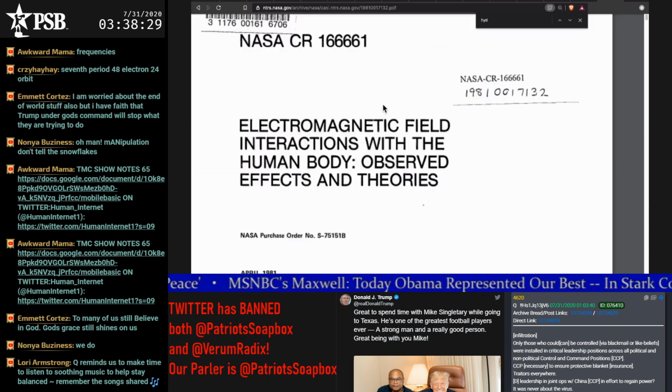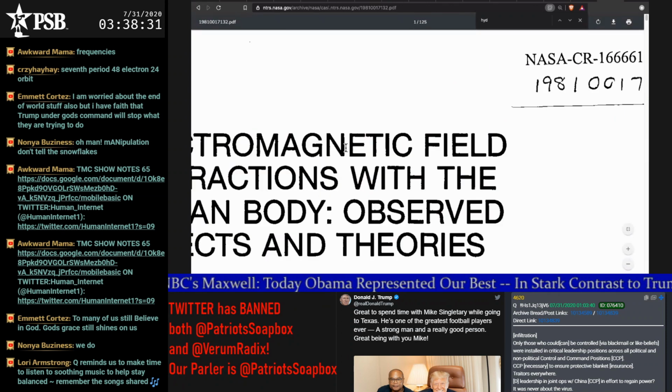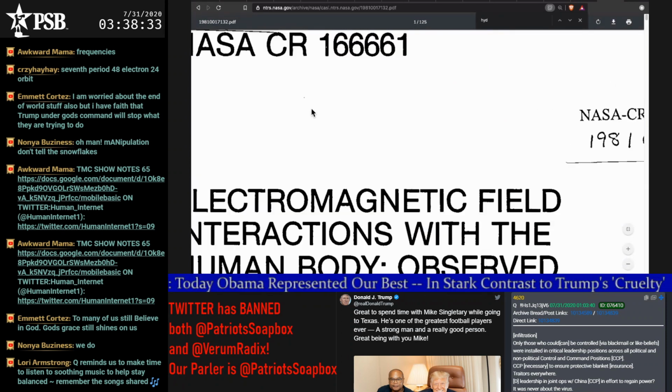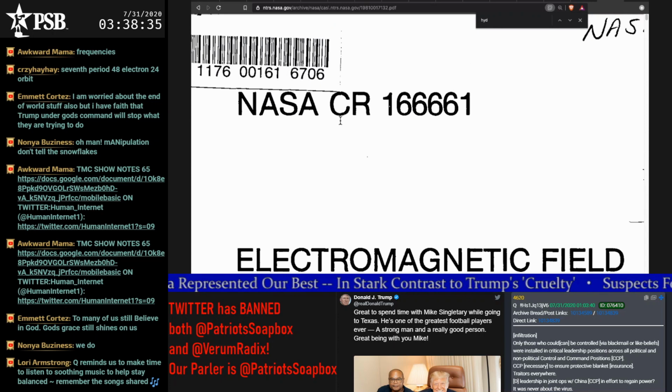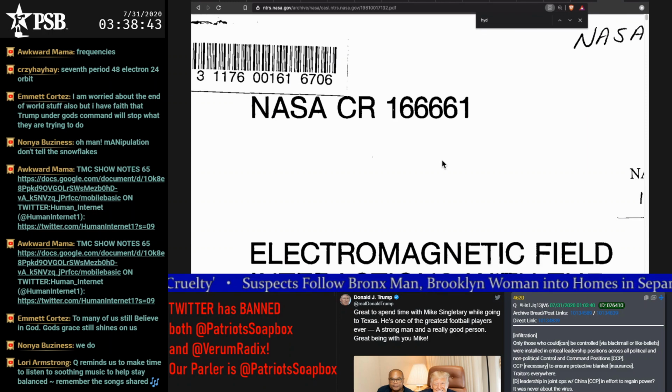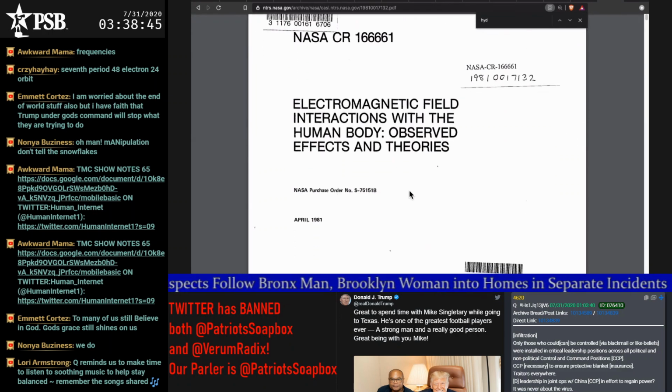I would like to point your attention to the document number NASA CR 166661. This was published in April of 1981, and it has the summation of a select number of studies for the preceding 2 decades from the 60s and the 70s.